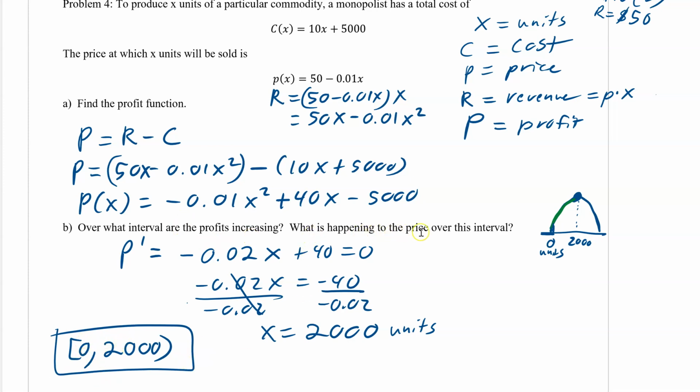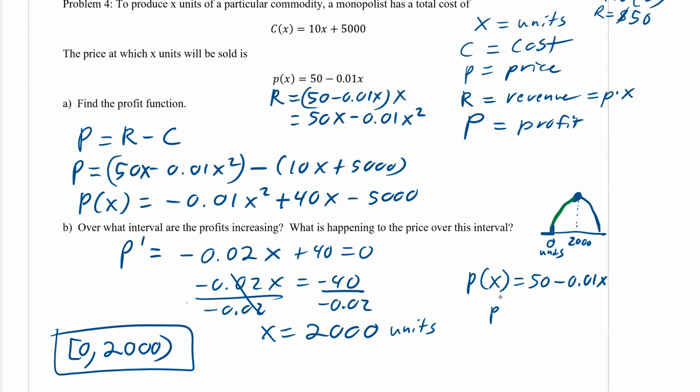So what is happening to the price over this interval? So now let's look at our price function and see what's happening from 0 to 2,000. So if we take that function and we plug it in, we know it's a linear equation.